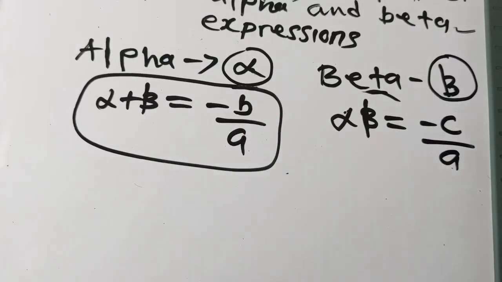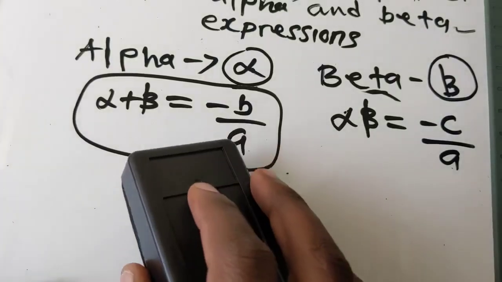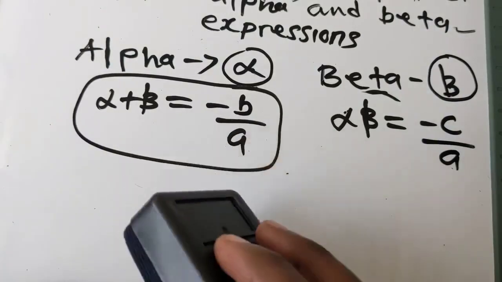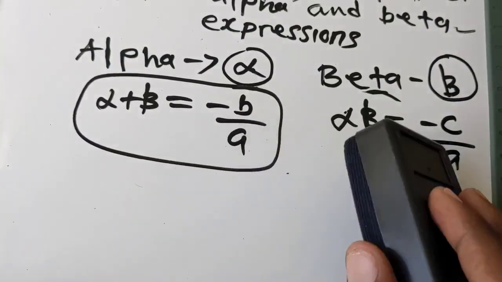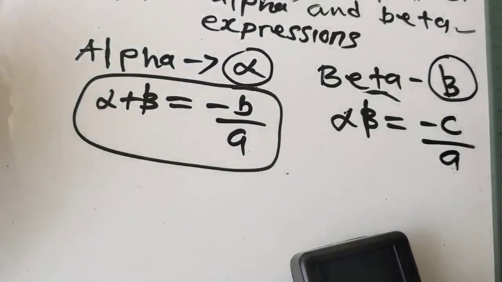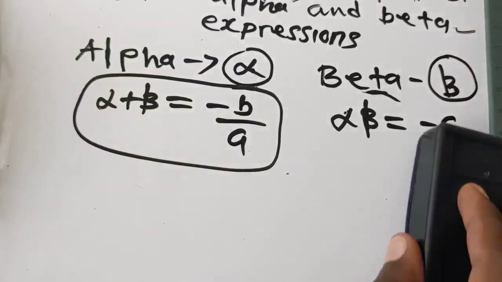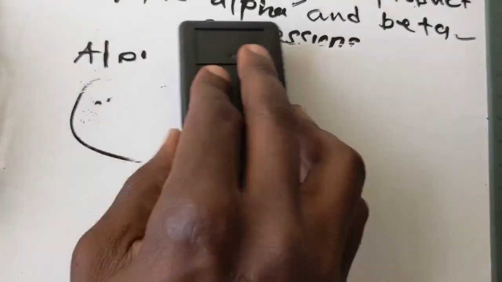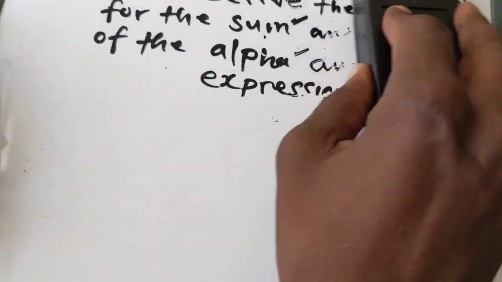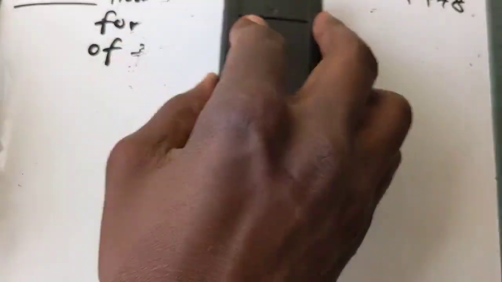So this is what I want to show you now, how it was derived. So you know that this is negative b over a, then this is negative c over a. Now let's see how this can be derived.